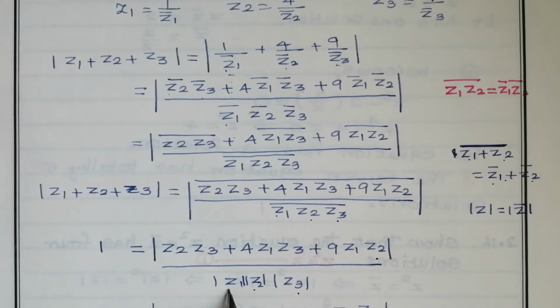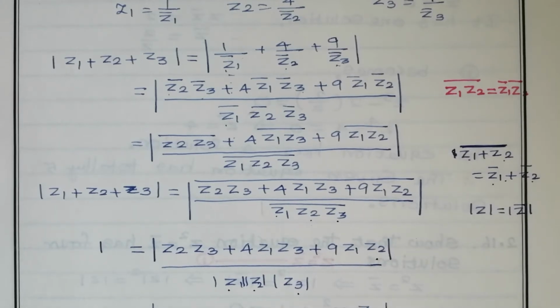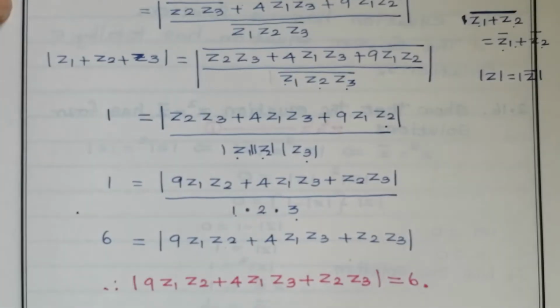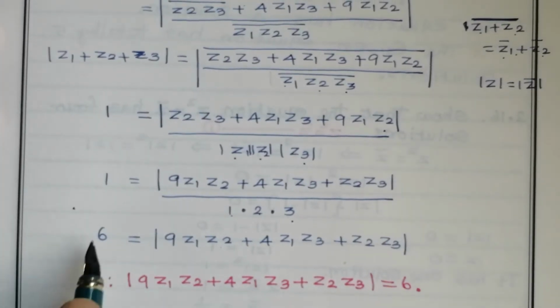We know that modulus of Z1 is 1, modulus of Z2 is 2, and modulus of Z3 is 3. So 1 into 2 into 3 is equal to 6. Therefore the value of the modulus of 9 Z1 Z2 plus 4 Z1 Z3 plus Z2 Z3 equals 6.